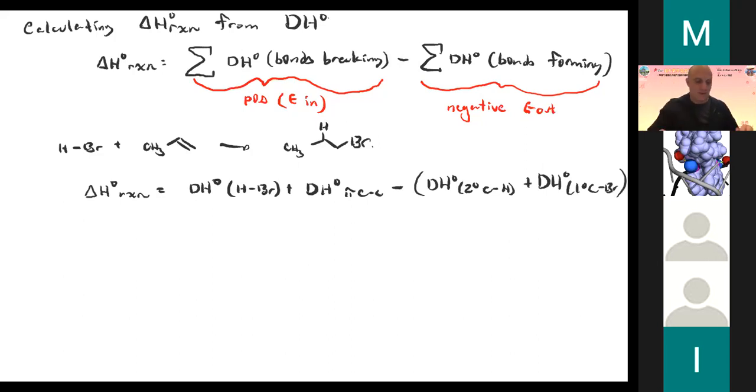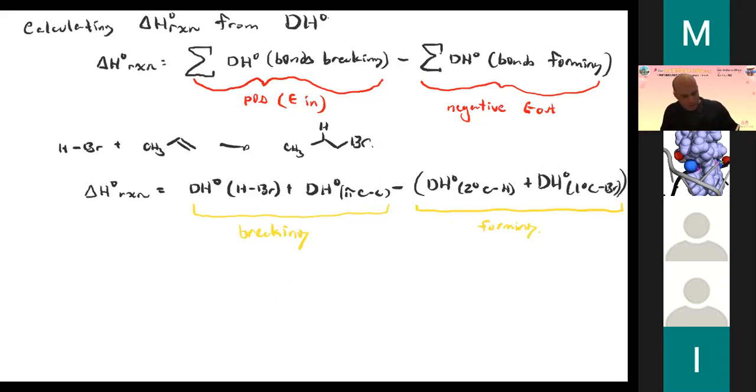Let me unpack this for a second. On the left, these are the bonds that are breaking. I break the HBr bond, I break the pi bond, and on the right are the bonds that I'm forming. I make a secondary CH bond, and I make a primary carbon-bromine bond.